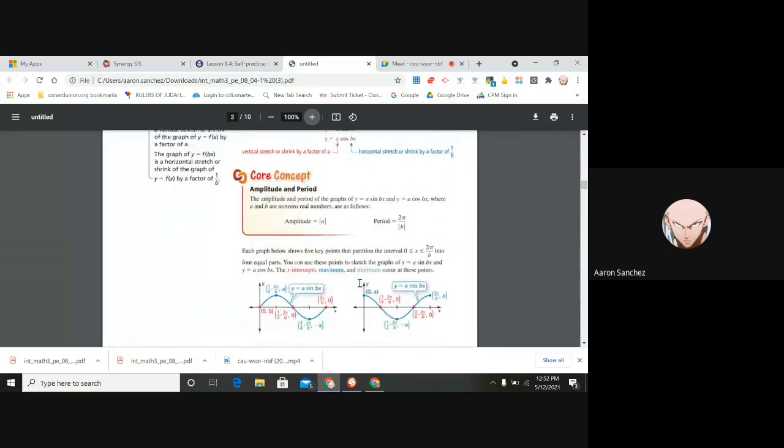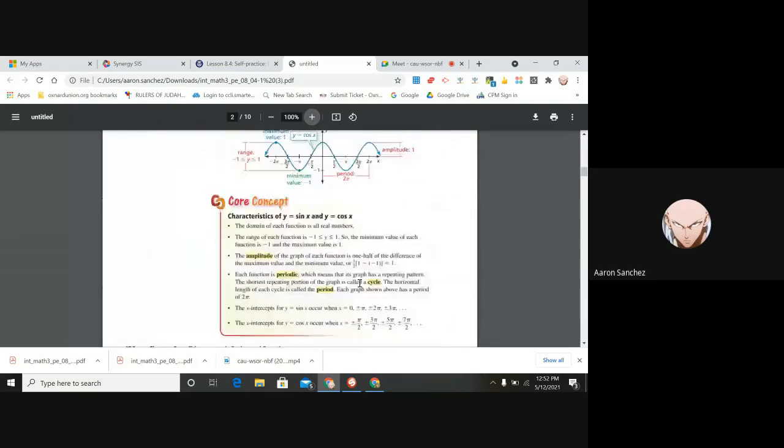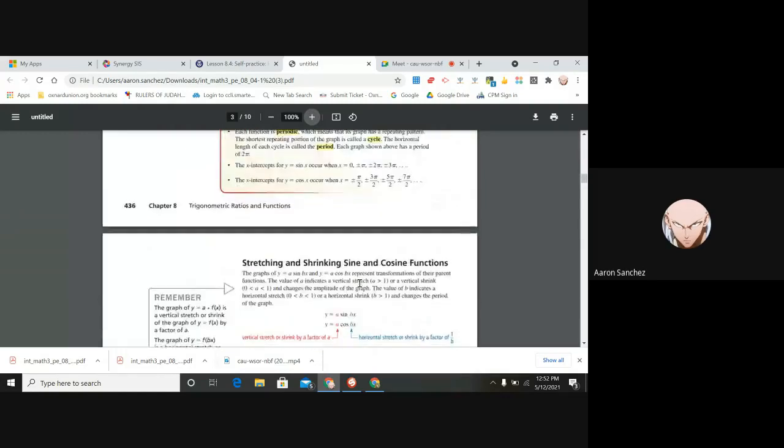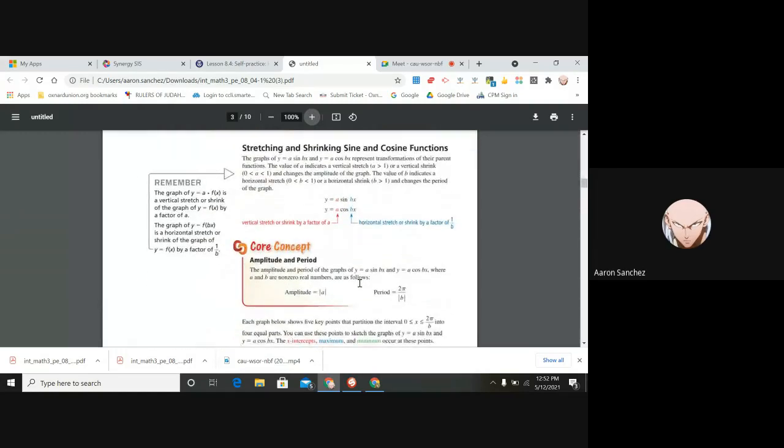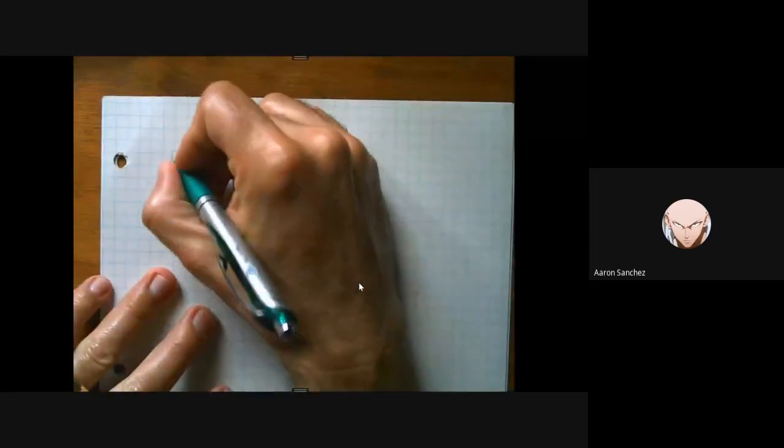Now, let us write this down. Write this down with me, shall we? Hang on. Let's put on the parameters of our sine function.